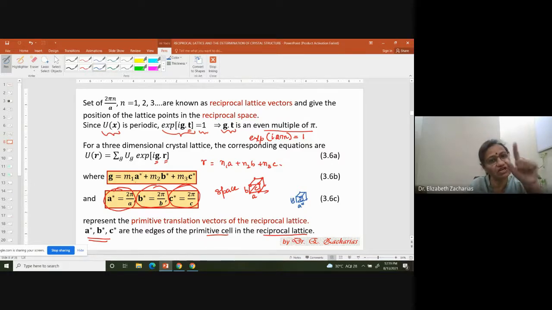Remember, A star, B star, and C star don't have the dimension of length. They have the dimension of reciprocal of length. And how did you get this A star, B star, and C star? You got A star, B star, and C star because of those reciprocal dots that you got, those lattices. And each of those lattice points represents a family of parallel planes in the real space. Getting complex?